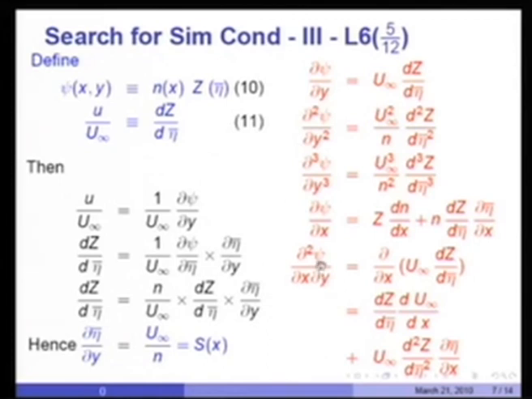We also need ∂²ψ/∂x∂y, and that would be ∂/∂x of ∂ψ/∂y. ∂ψ/∂y is simply u∞ times dZ/dη̄, and differentiating a product gives dZ/dη̄ times du∞/dx plus u∞ times d²Z/dη̄ times dη̄/dx.